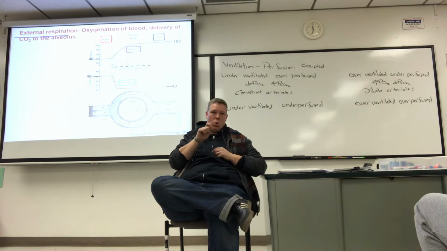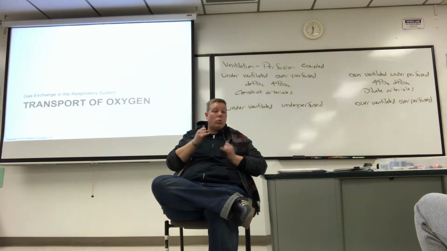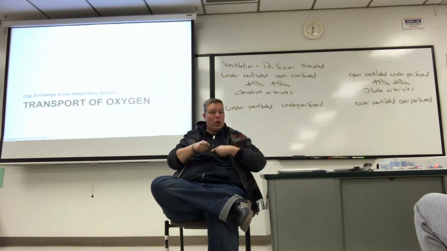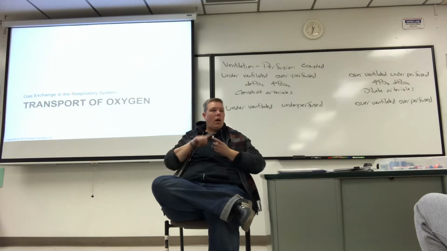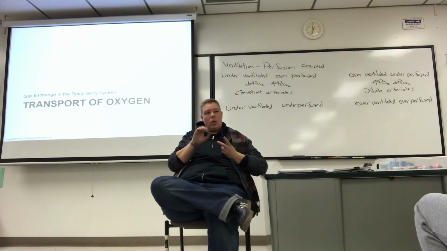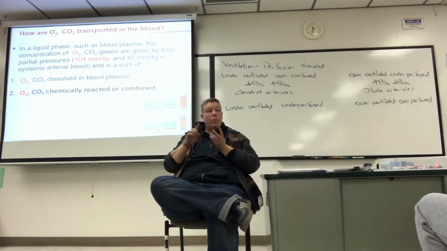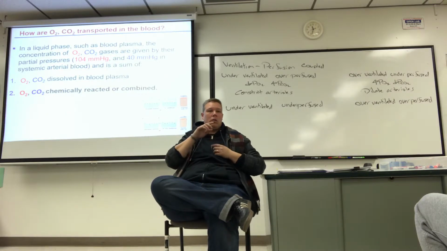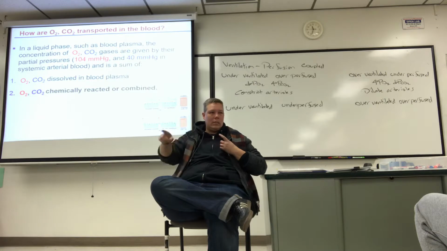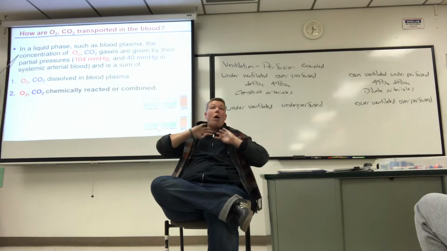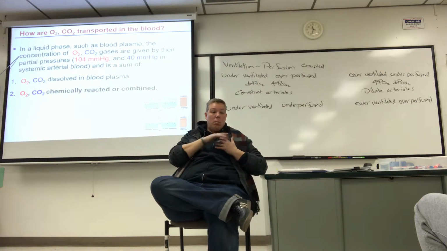All right, so now that you have gas exchange at the lung, I want to talk about transport of oxygen and CO2 next. You use the bloodstream to transport the blood gases over long distances, but how are they transported in the blood? Let's remember that the air we breathe is a gas, but the blood that transports them is a liquid.